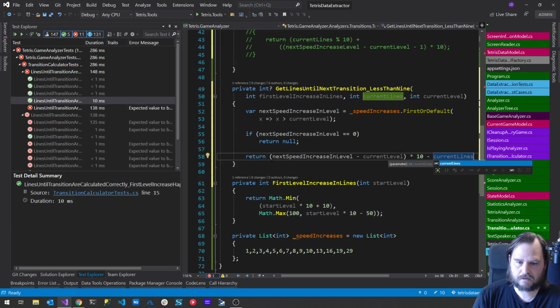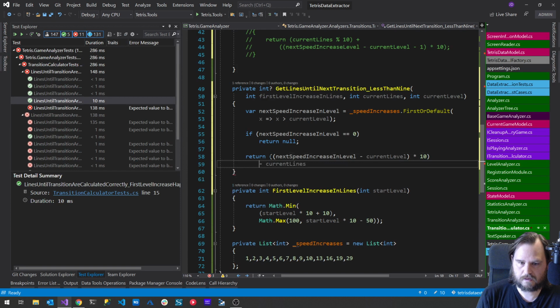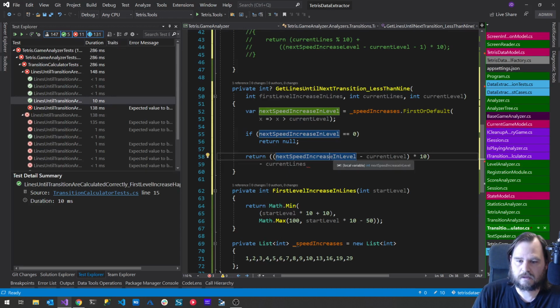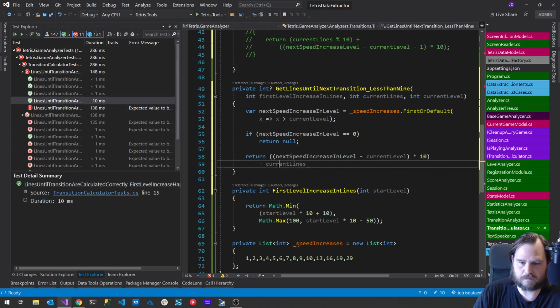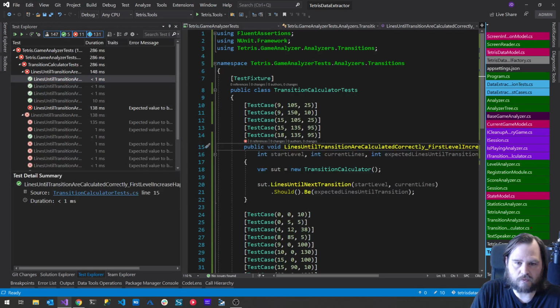I don't see an issue with this. We started on 8. The next speed increase in level will be 9. If we're at 85 lines, 9 minus 8 times 10 is 90. So then we just subtract our current lines. That should be fine. I'm going to go back to our tests and rip these apart.